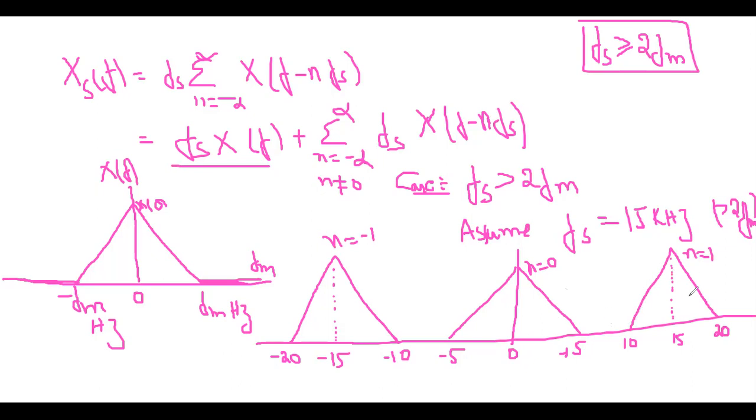It is 15. So X of f minus 15. These are totally the X of f, shifted by 15 samples from the origin.